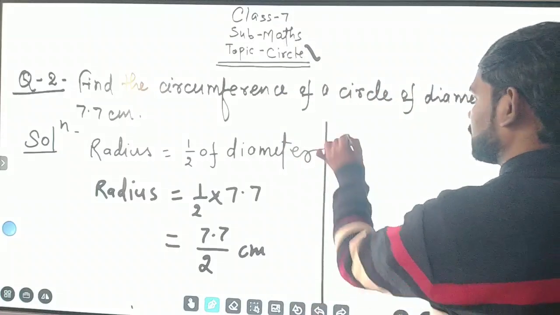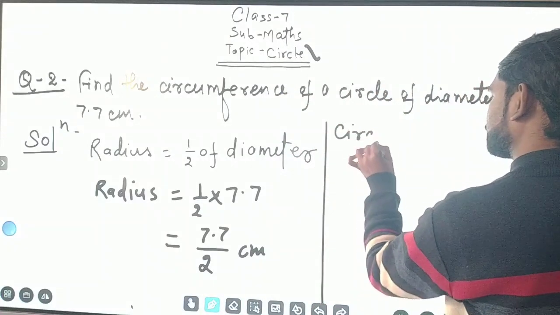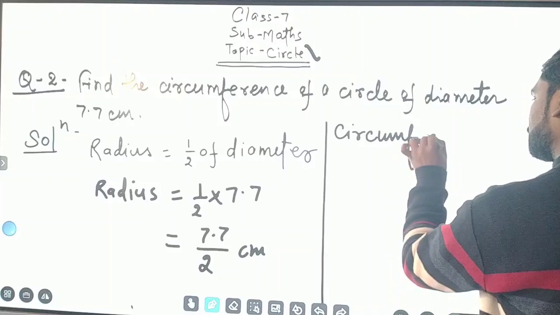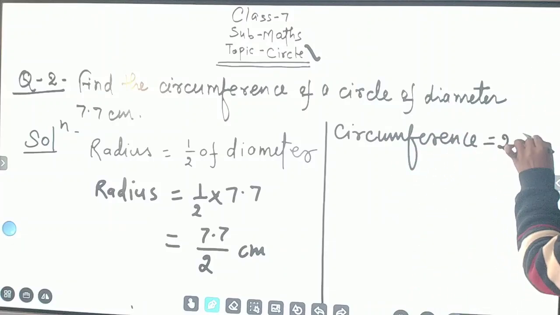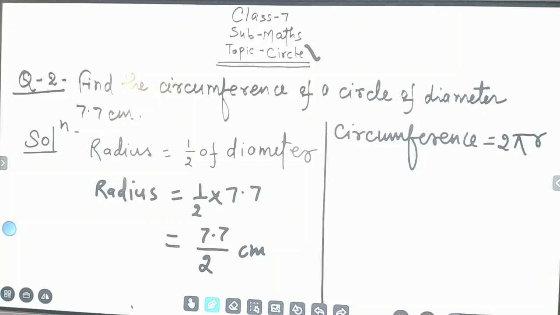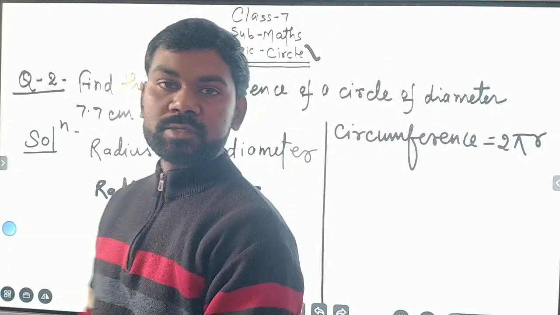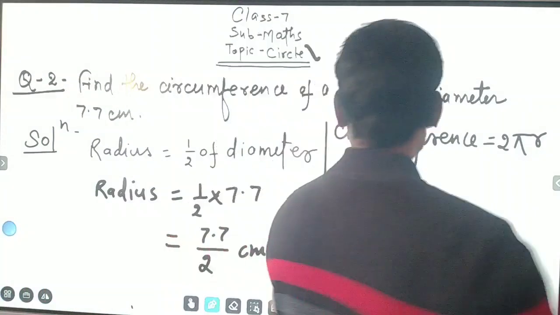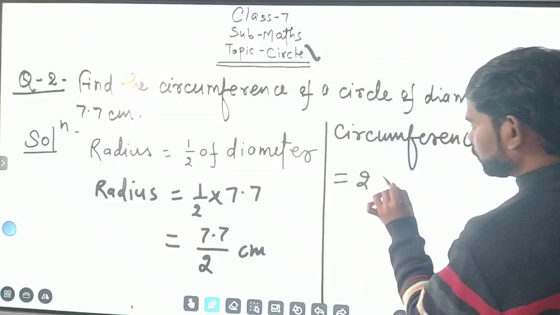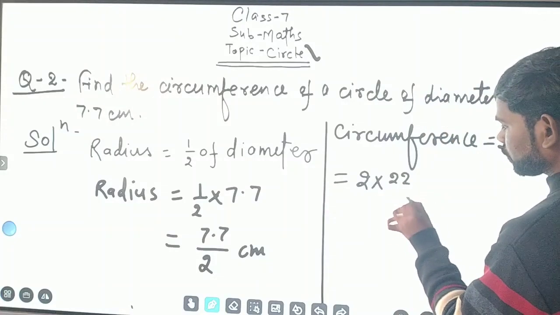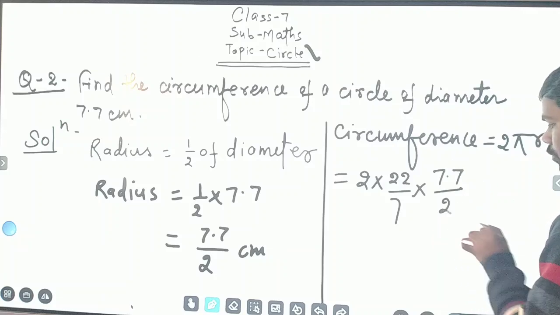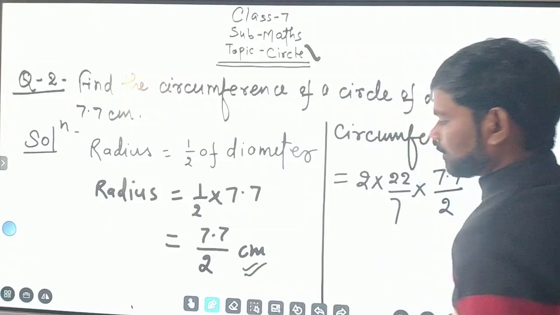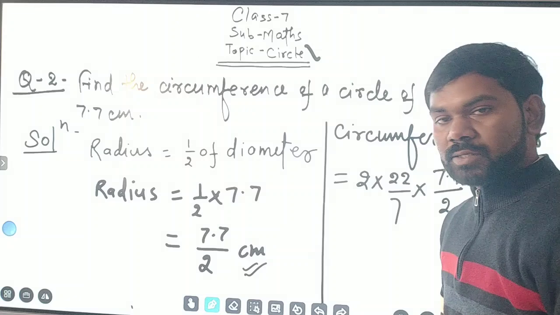We know that circumference is equal to 2 pi r. So this is the formula for the circumference. So we have 2 into 22 upon 7 into 7.7 upon 2, because 7.7 is the radius.